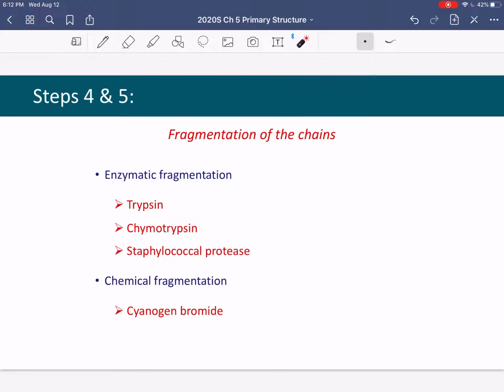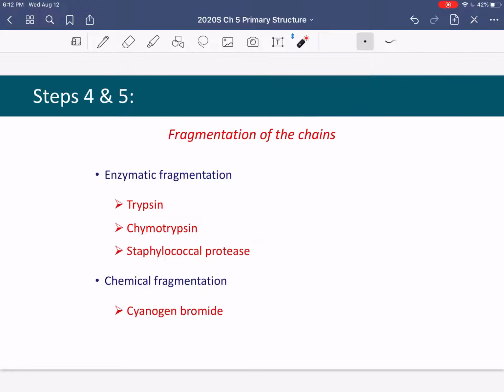In steps 4 and 5, we're going to fragment the chains using cleavage reagents. Cleavage reagents can be chemical, or they can be enzymes that are very specific to cleave after a given amino acid. And that's what is shown here at the first bullet point.